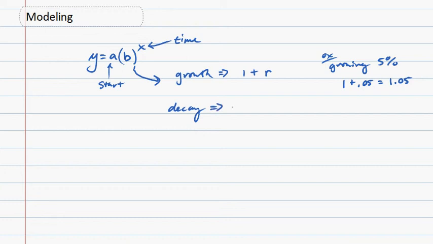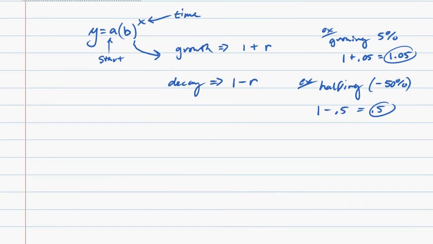So, for decay, it's going to be 1 minus r. So, you might have something like halving. If something's halving, that is decreasing by 50%. And so you do 1 minus 0.5, and you would have a b of 0.5.